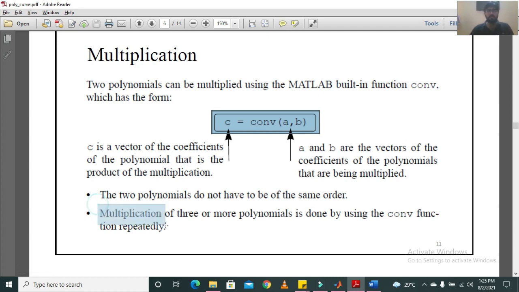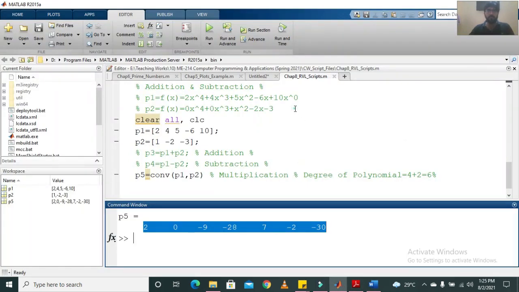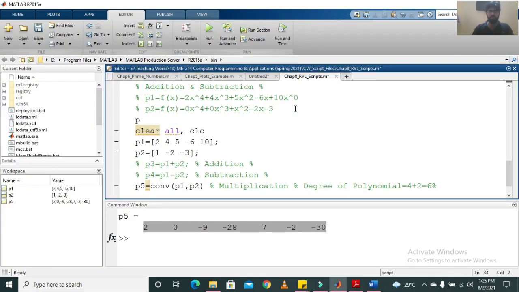Okay, now moving forward, another important thing here is, let's say I want to multiply more than 2 polynomials. Let's say I have another polynomial p3.